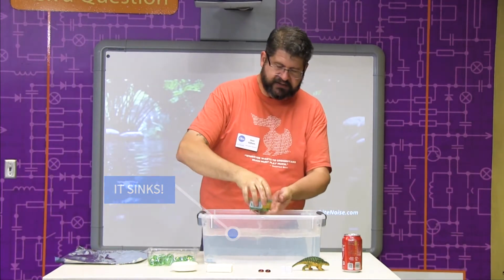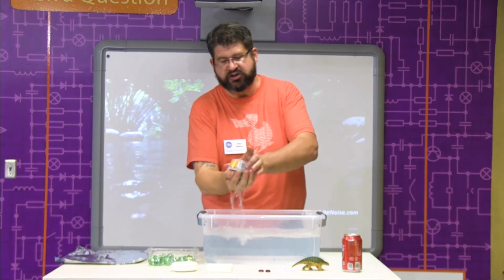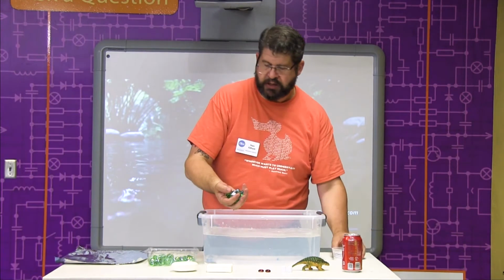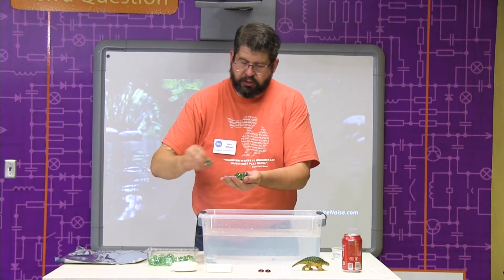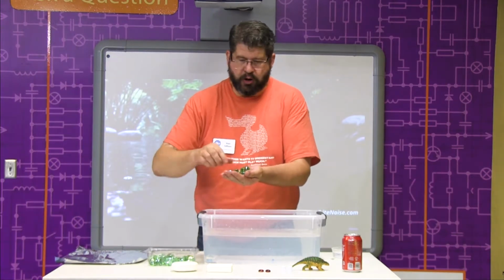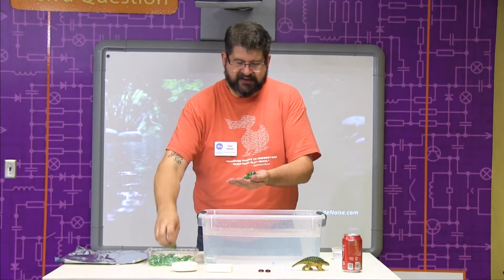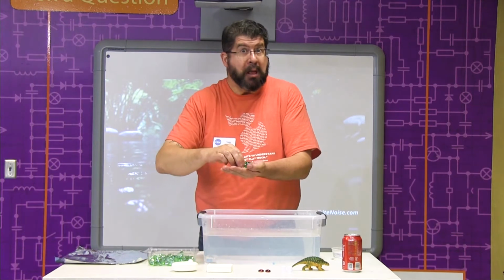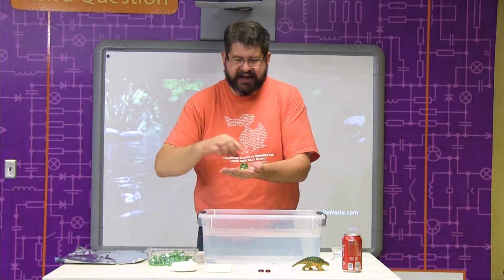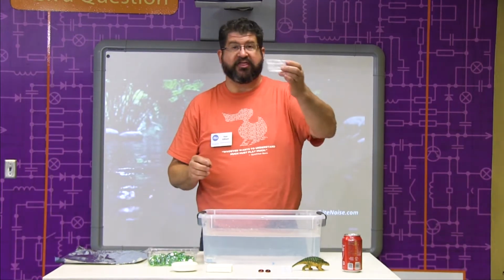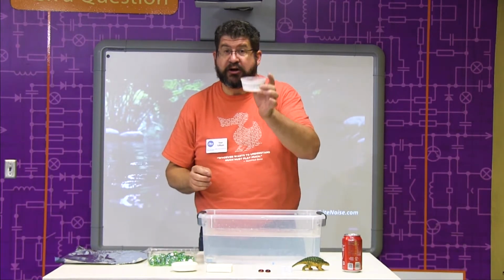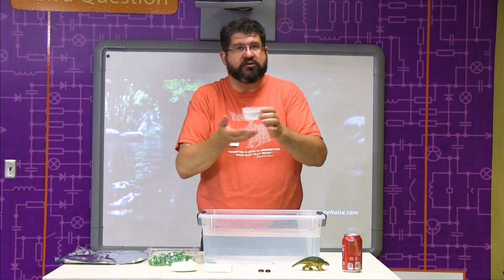So we'll take out our container and let's count how many stones it took to sink our container. It took 1, 2, 3, 4, 5, 6, 7, 8, 9, 10, 11 stones. Now you wouldn't think that this small container could hold that many stones, but it did, and that's what it took to do away with displacement.